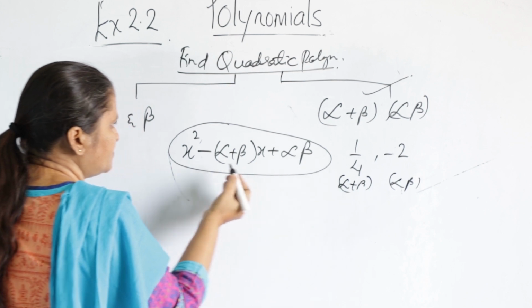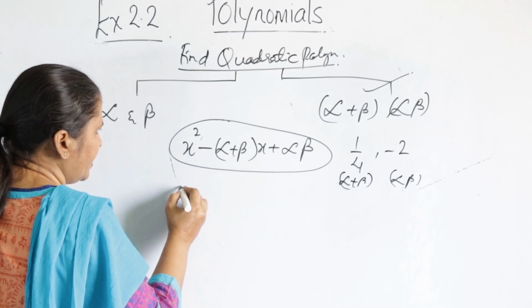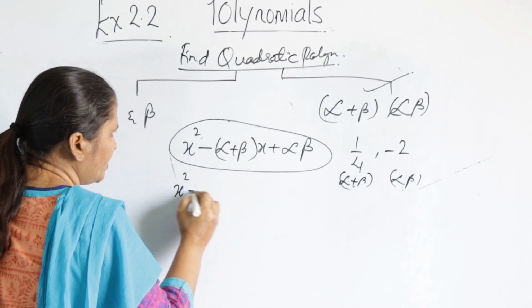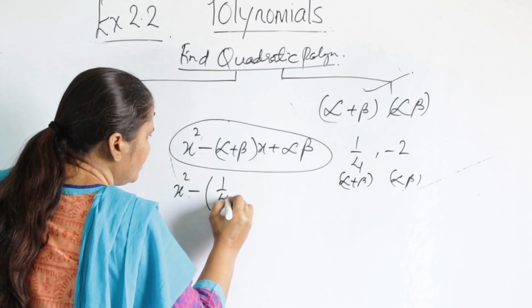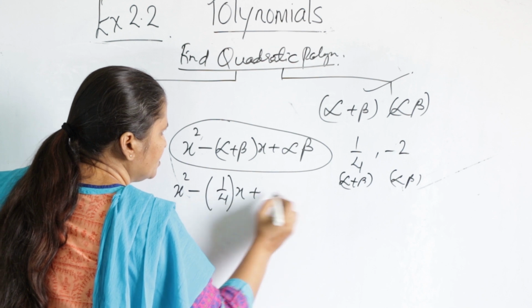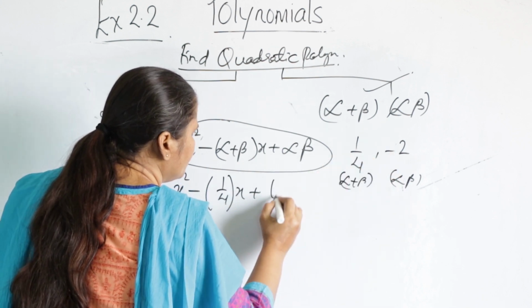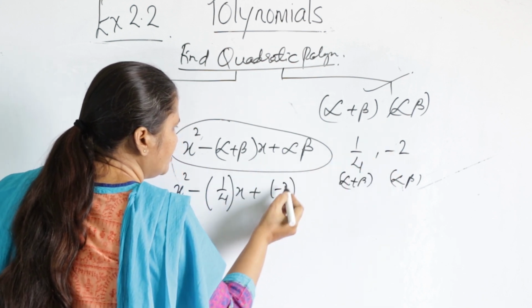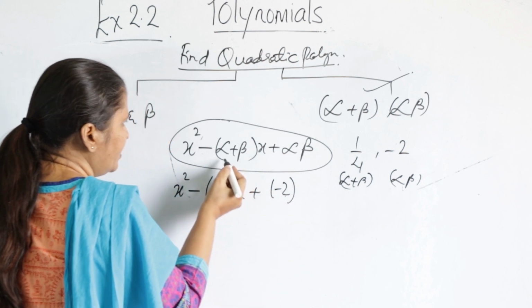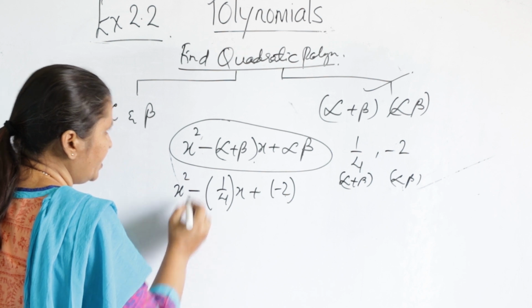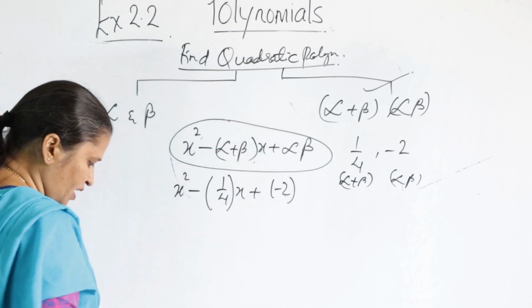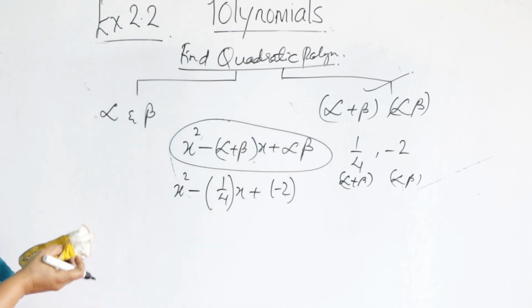And just substitute the values in this expression. X square minus, what is alpha plus beta? It is 1 by 4 x plus, what is alpha beta? Minus 2. See, in place of alpha beta I have written minus 2. In place of alpha plus beta I have written 1 by 4. Right? So, this is the approach to solve this kind of problem.